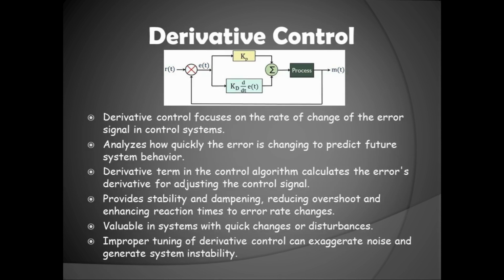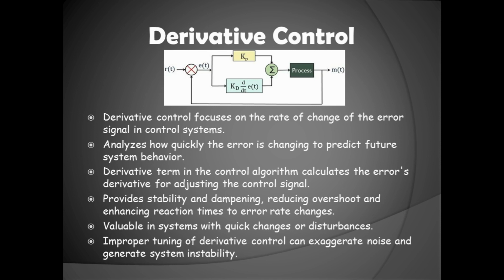Derivative control. The rate of change of the error signal is the main focus of derivative control, which is a crucial part of control systems. By analyzing how quickly the error is changing over time, it aims to predict how the system will behave in the future. The control algorithm's derivative term calculates the error's derivative and uses the results to adjust the control signal.